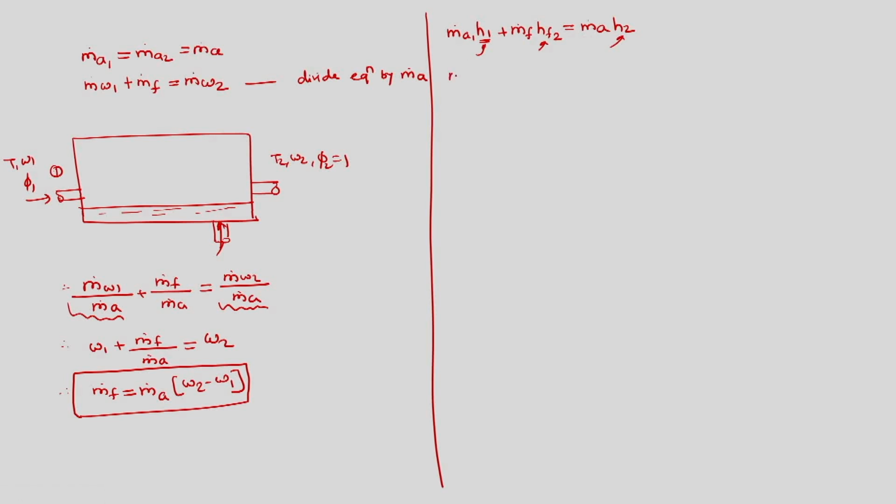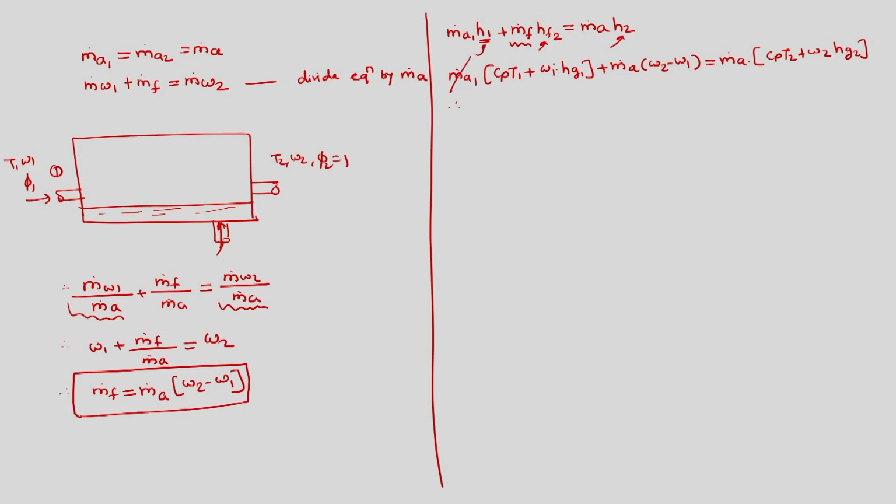Then this becomes m dot A times (Cp T1 plus omega 1 Hg1) plus, since we know what m dot F is, m dot A into (omega 2 minus omega 1) Hf2, equal to m dot A into (Cp T2 plus omega 2 Hg2).